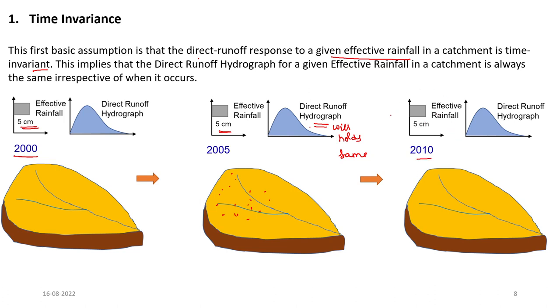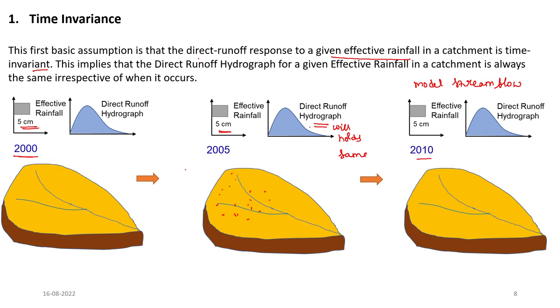These assumptions make it easy to model the streamflow in an ungauged basin. So one can question that this assumption is invalid in many cases. True, but when we look at the long term response, it will be valid.